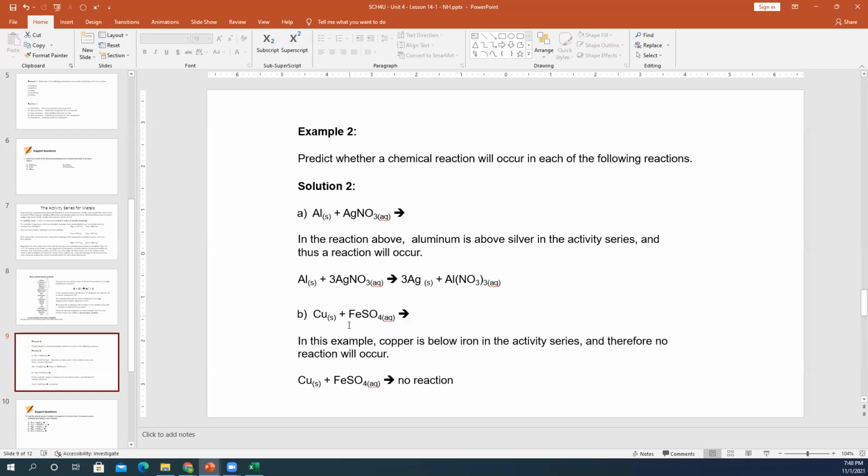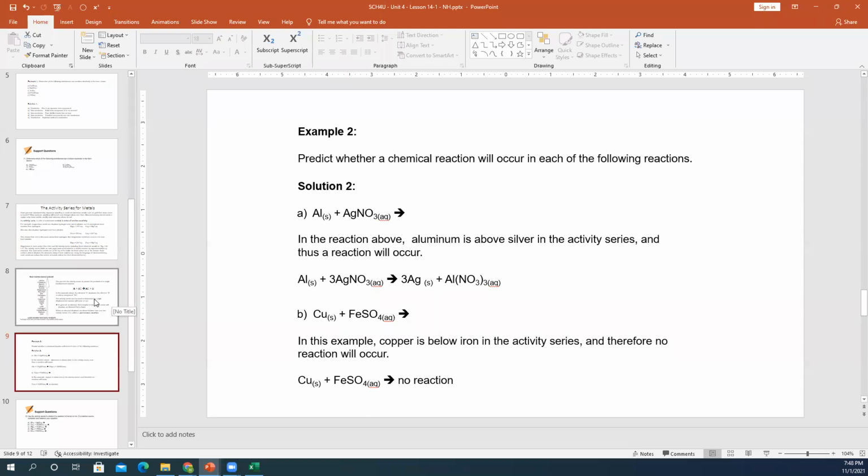The next example is elemental copper plus iron sulfate in its aqueous state. Will a reaction occur? In this example, let's take a look. We have copper and we have iron. Can copper displace iron?